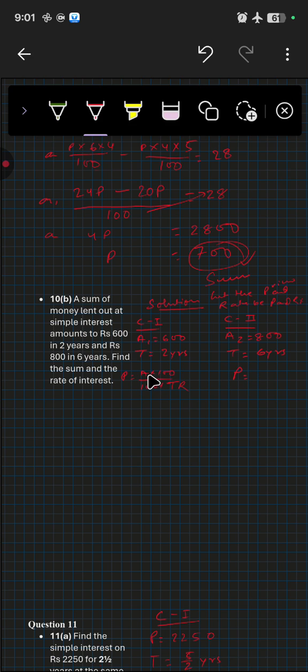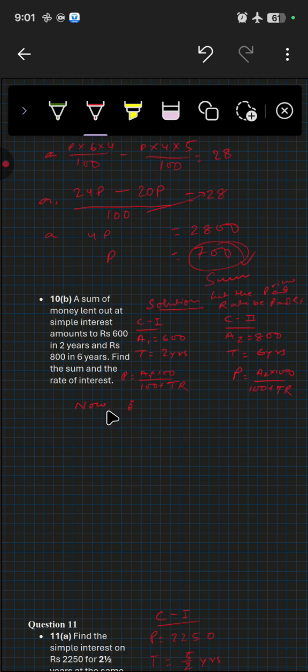Principal is equal to amount into 100 by 100 plus TR, this is A1, this is A2. We have to equate them. So first let's keep the value and then equate them. Or directly also we can equate.